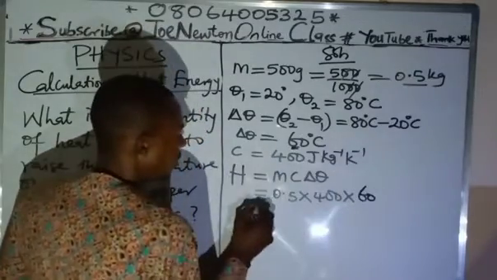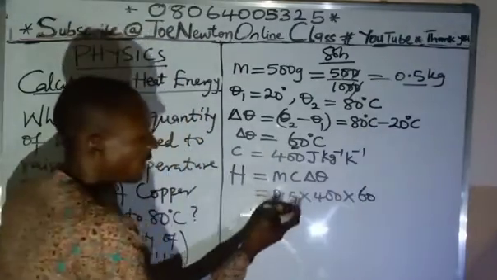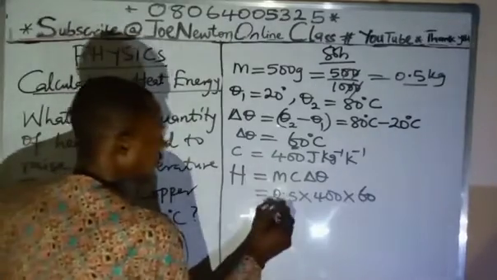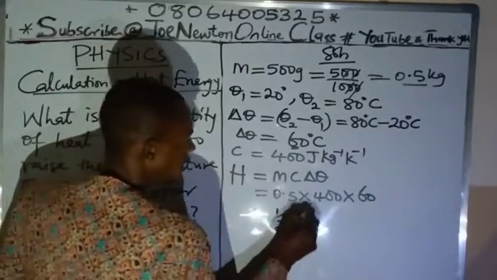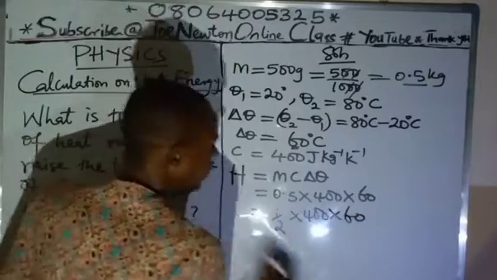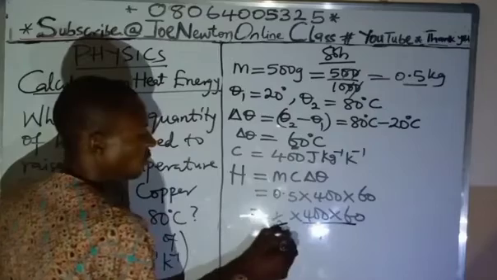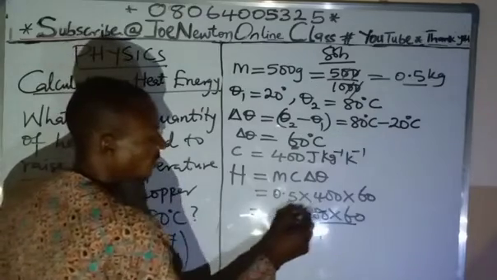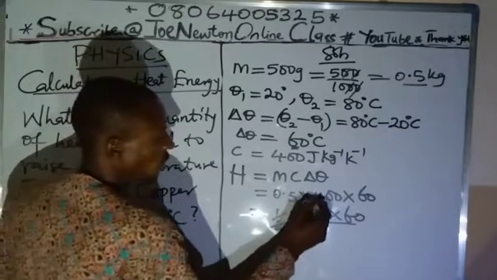So that will give us, quickly, 0.5 is like 1 over 2. So you can call it 1 over 2 times 400 times 60 for easy work with our calculator. So 2 cancels itself here, 1. 2 divided into 400 gives us 200.